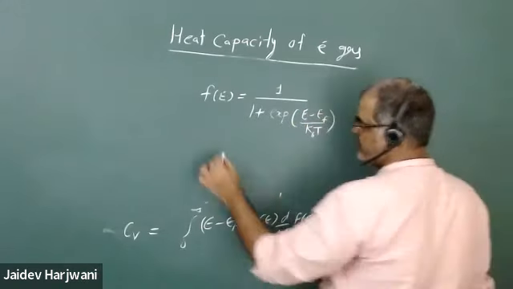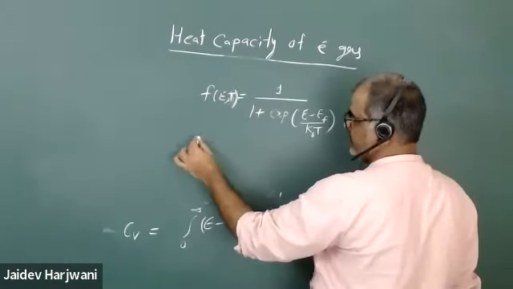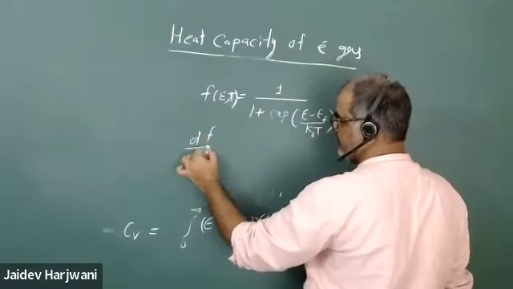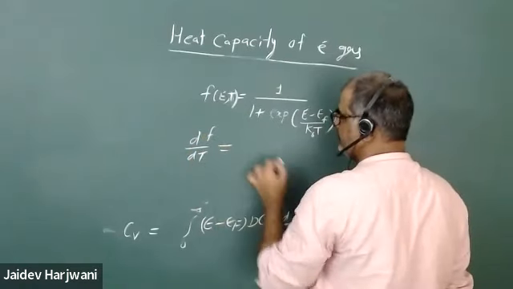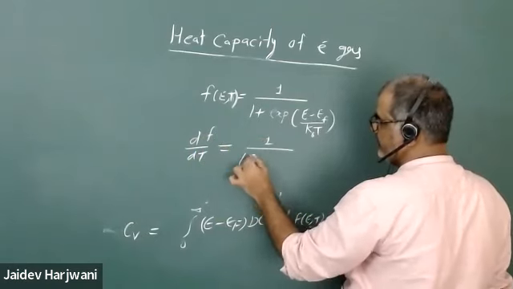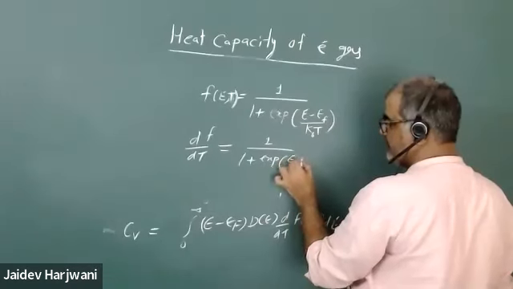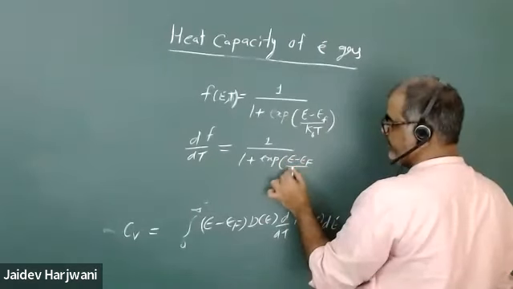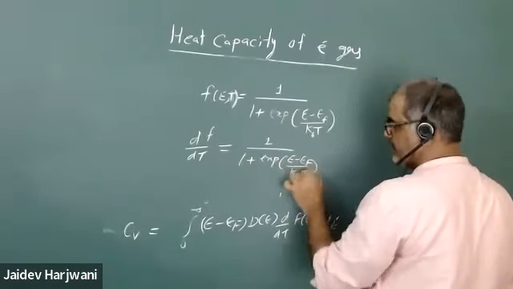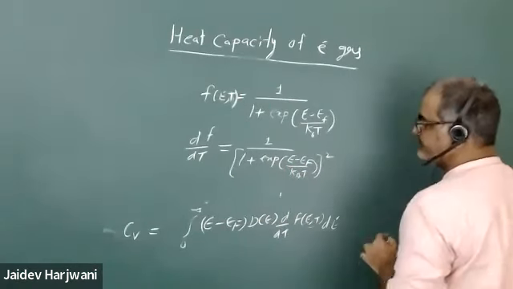Now just differentiate, this is a function of temperature. So differentiate dF(E) upon dT. This will give me what? 1 plus exponential (E minus E_F) by k_B T, whole square.